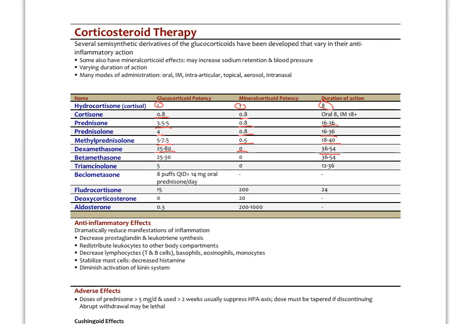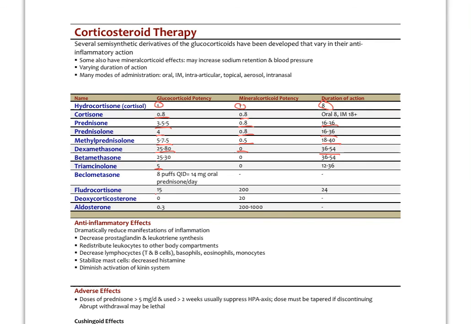Betamethasone, another one there. Triamcinolone, that you often use on the skin. And then beclomethasone, this is done as an oral inhaler for asthma. And then fludrocortisone, this is our primary mineralocorticoid replacement.